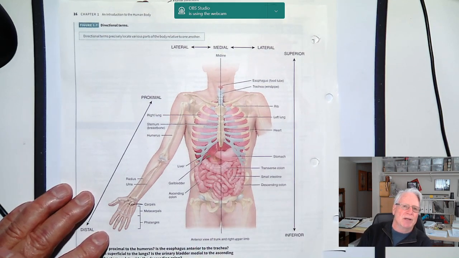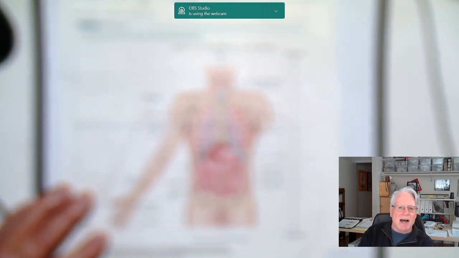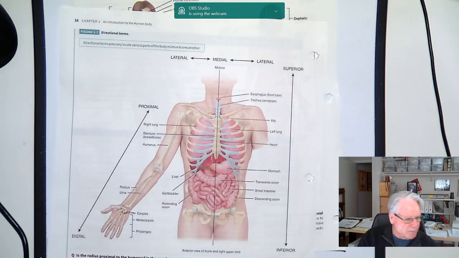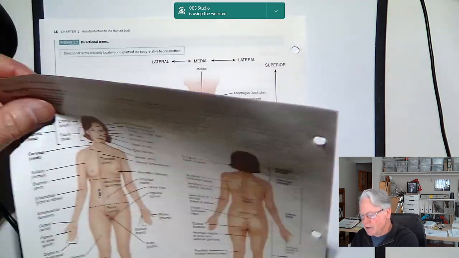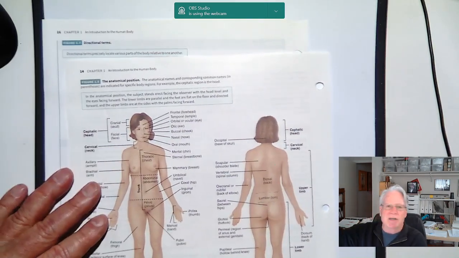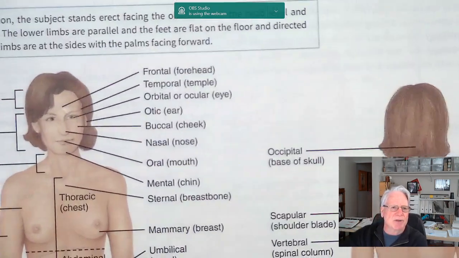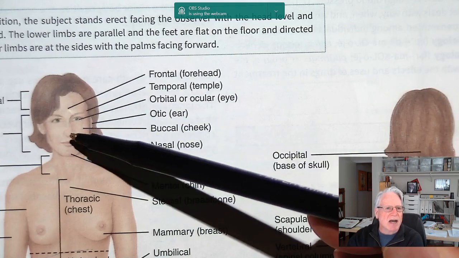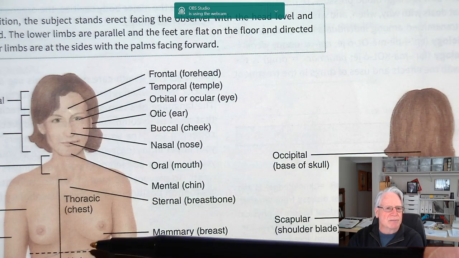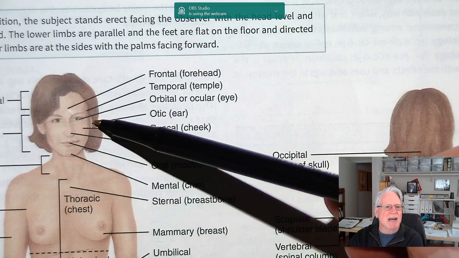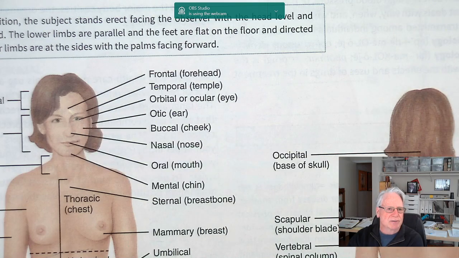Another example, the eyes, and let's take a look at the picture so we can identify that. We take a look at the eyes, and we compare them, for example, to the ears. The eyes are more medial than the ears, okay? And the ears are more lateral than the eyes.